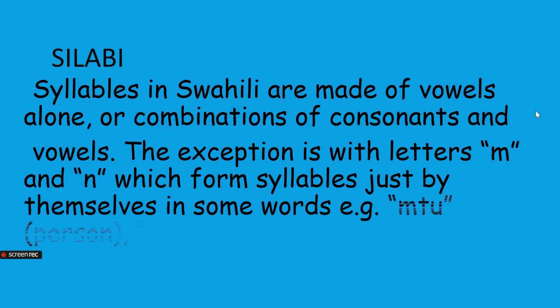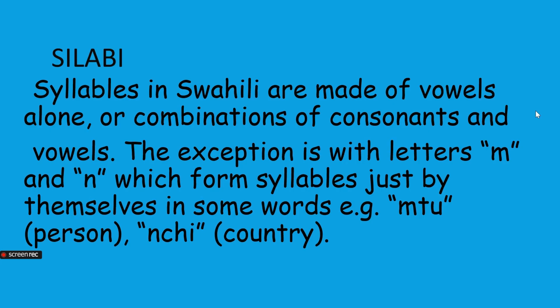Syllabi. Syllables in Swahili are made up of vowels alone or a combination of consonants and vowels. The exception is with the letters M and N, which form syllables just by themselves in some words. For example, the word mtu, which means a person, and nchi, which means a country.